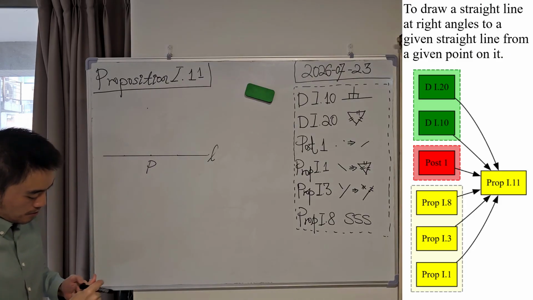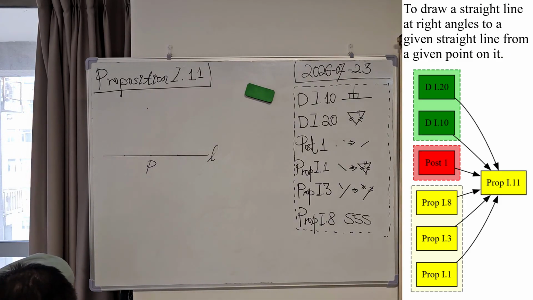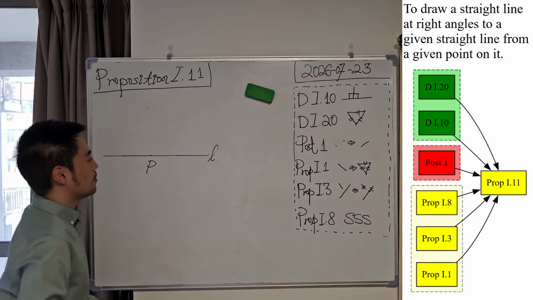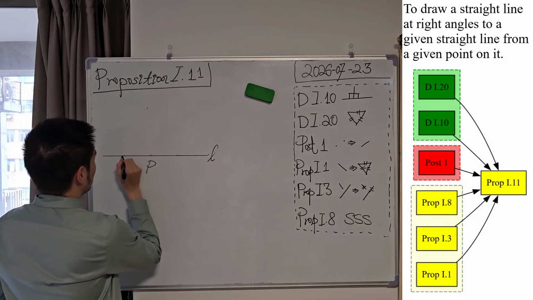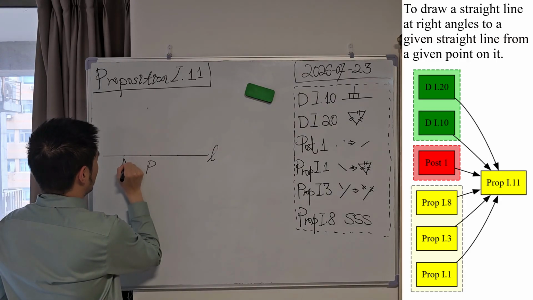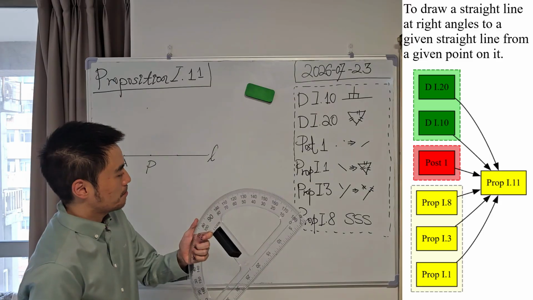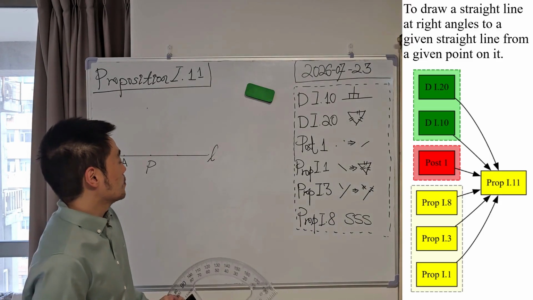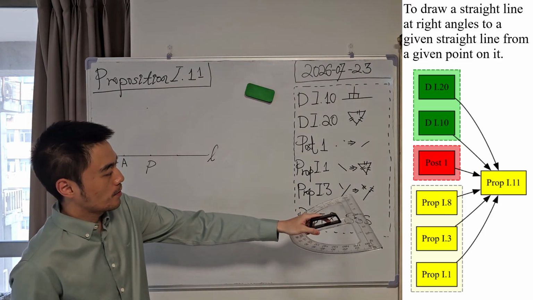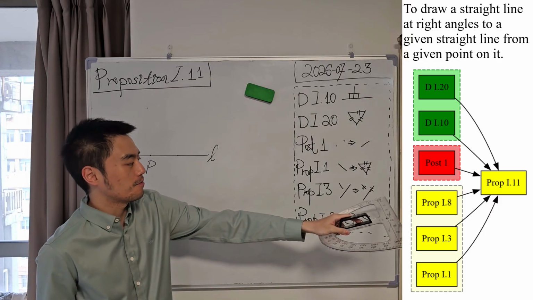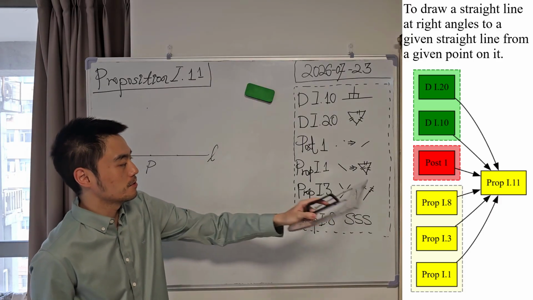In the first step, let's randomly pick a point on this straight line, for example, A. Then please recall proposition 3. With two given straight lines, we are able to cut off a straight line from the longer one, which is equal to the shorter one.